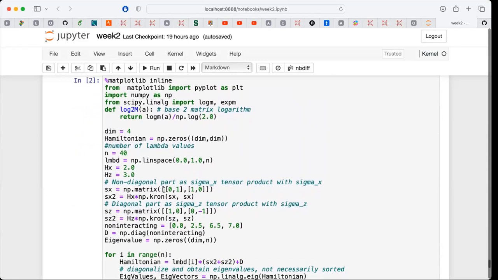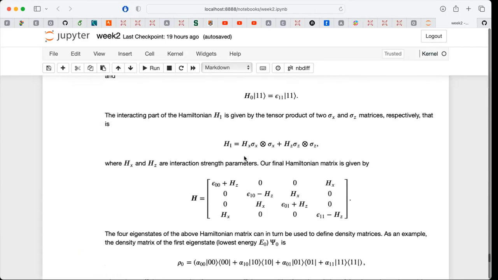And you can then define the Pauli X matrix, and the tensor product between two Pauli X matrices and two Pauli Z matrices. So I have a Pauli X and a Pauli Z matrix. And you see that what I'm doing here is setting up this part of the Hamiltonian, which is now given by the tensor product of sigma x times sigma x, which is the one we have here.